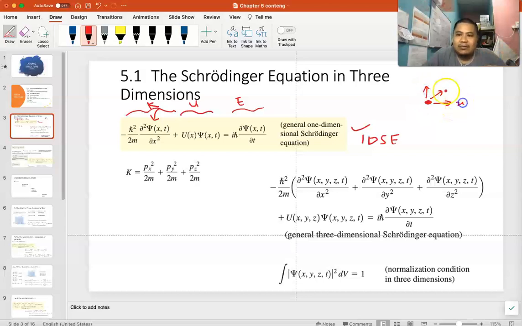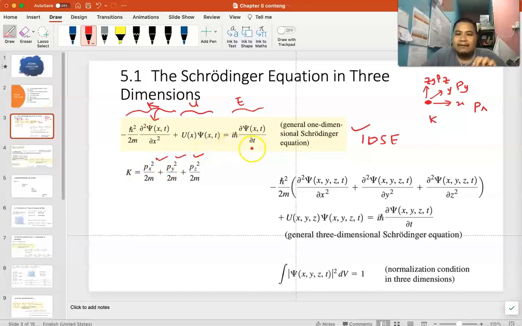It can have x, y, and z, so that it has a momentum in every direction, Px, Py, Pz. Since it has a momentum in 3 dimensions, it also has a kinetic energy, because kinetic energy depends on the momentum and also the velocity of the particle, right? So we can express the kinetic energy in 3 separate components in the x, y, and z directions.